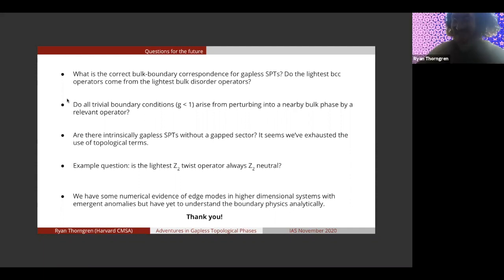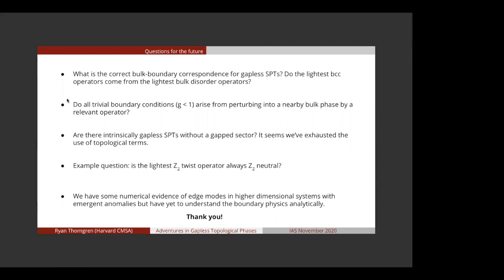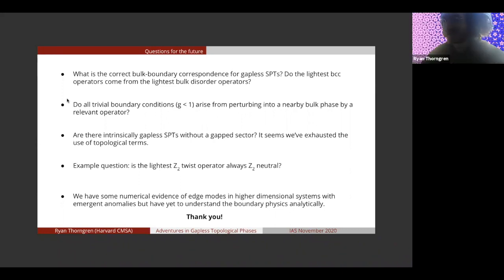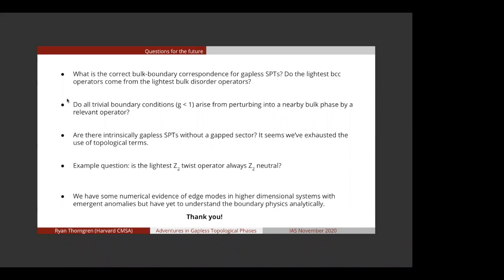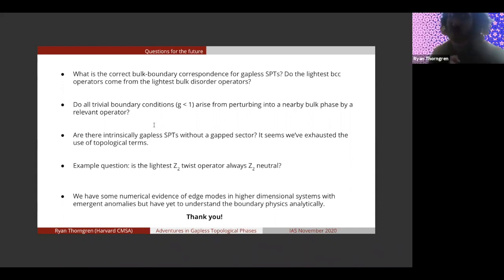S then T, maybe there's a T too. You just have to look at the spin. The charge is determined by the spin, so you don't necessarily have to do the T. If you know the action of Z2 on local operators, you just do S to figure out what the twist operator spectrum is.